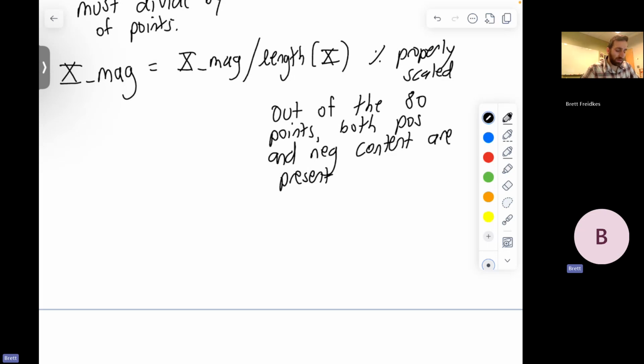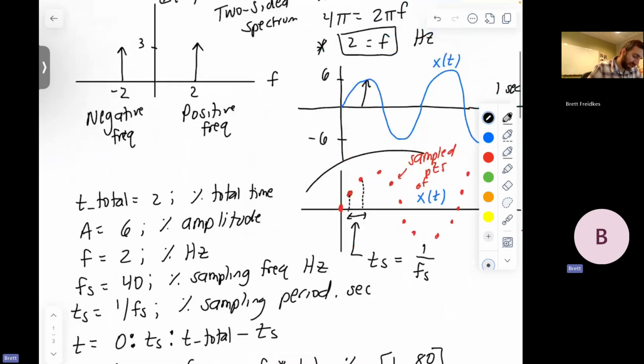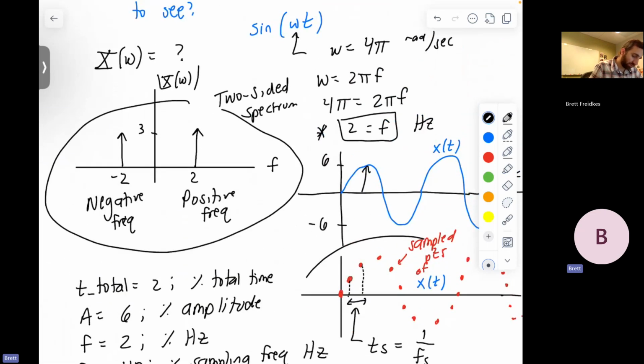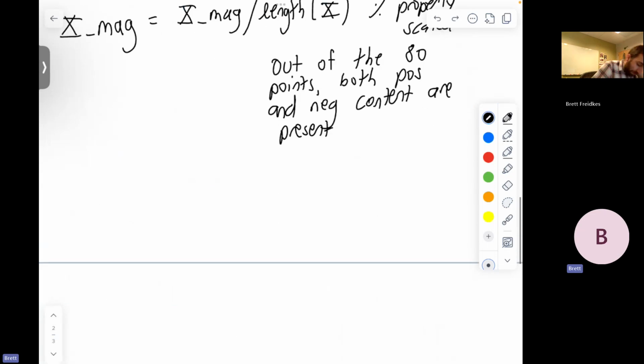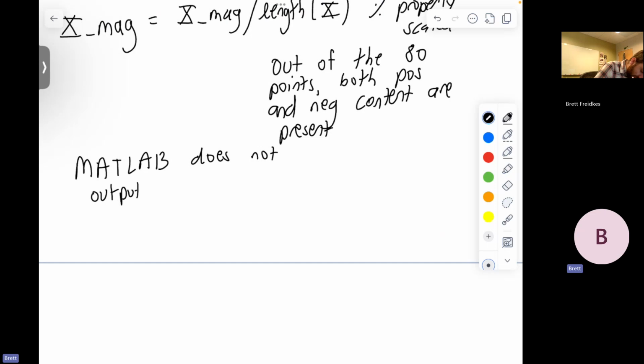And what's interesting is that we expected a graph ultimately that looked like this. And that is kind of what we'll get, except MATLAB does something really interesting. MATLAB does not output negative frequencies at the correct location, or at the expected location.